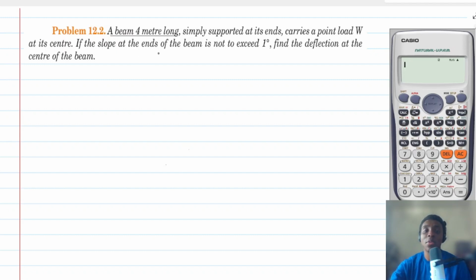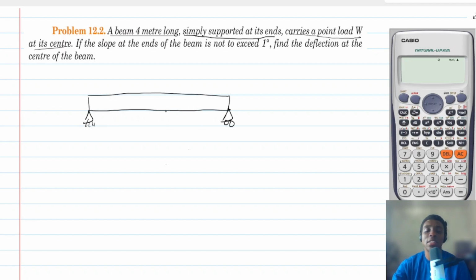It's a simply supported beam, supported at the ends, and it says that the beam is carrying a load W at the center. So we can imagine this beam as simply supported, with reactions at the ends, and a load W at the center.